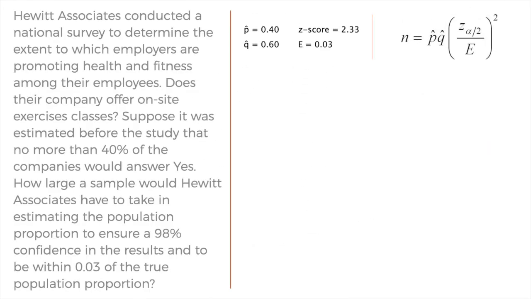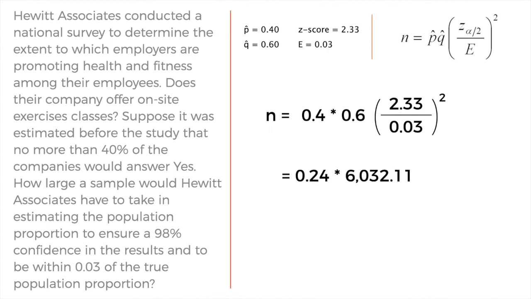So now we have 0.4 times 0.60 times 2.33 over 0.03 squared. We have 0.24 times 6,032.11, which ultimately gives us the answer of 1,447.7067.